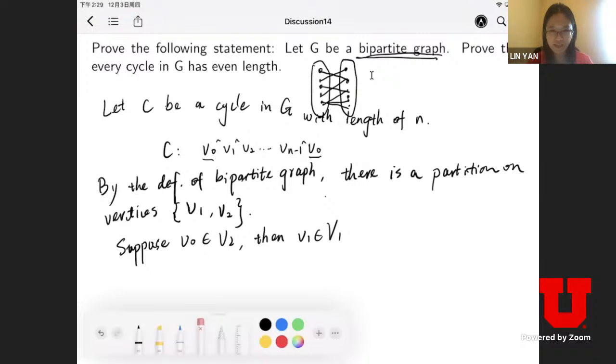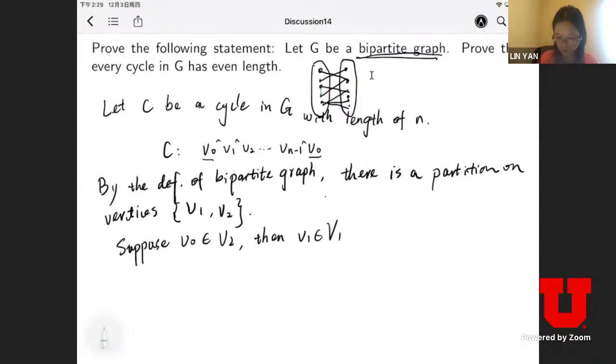This is by the definition of a bipartite graph, because vertices that form this cycle must alternate between V1 and V2. Otherwise, if Vi and Vi plus 1 are in the same set, then there will be an edge within that set, which is not allowed in a bipartite graph.